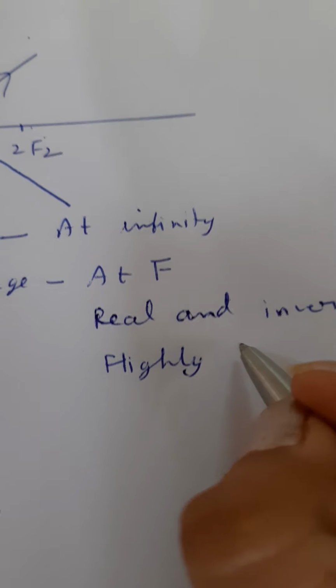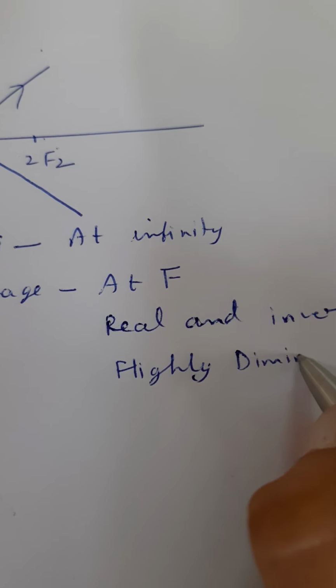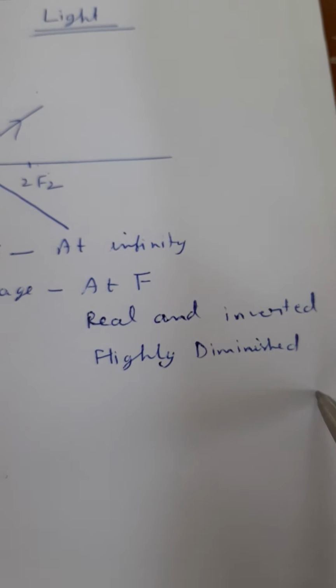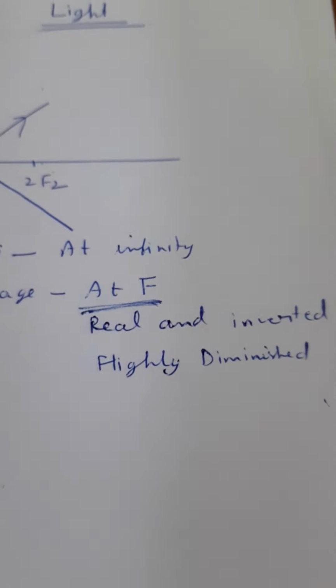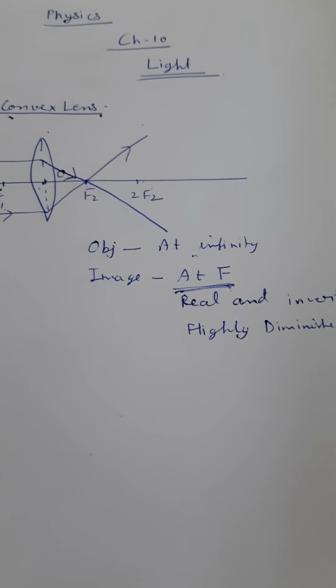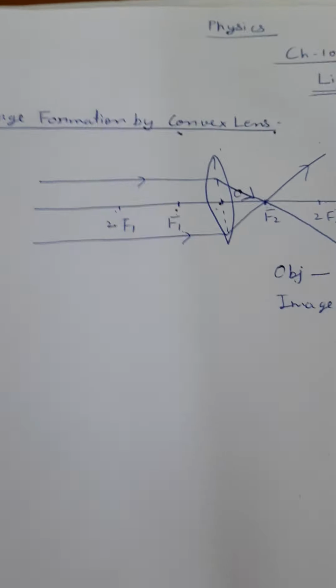It is highly diminished or point size image. These are the properties of the image and this is the position of the image. Object at infinity and the image will form at F.